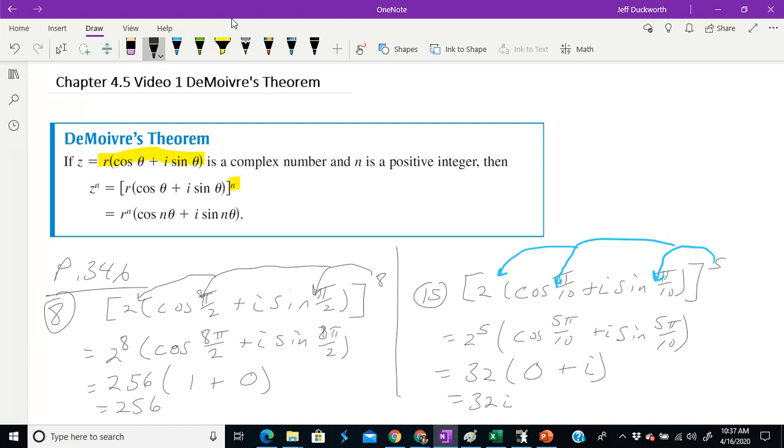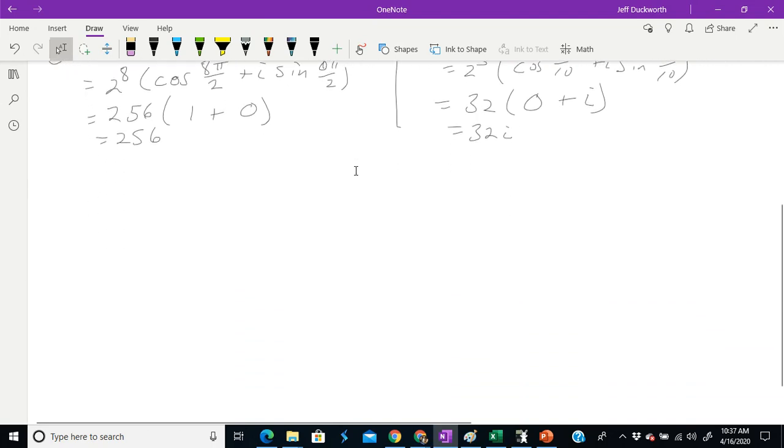All right, so again, these are some of the preliminary questions that they have. Now, they gave us problems after that where they gave it to us in standard form, and to use de Moivre's theorem, we have to convert it to trigonometric form, do the operation, and then convert it back. So let's do one of those. Let's do number 19.